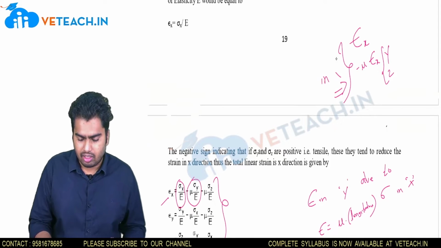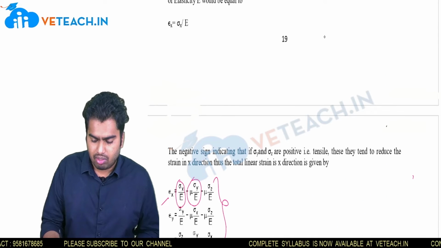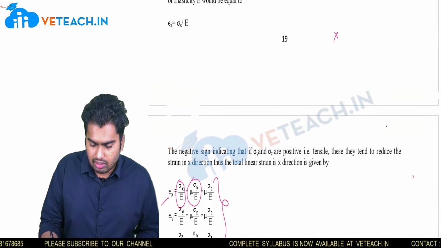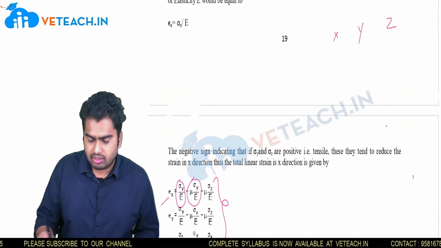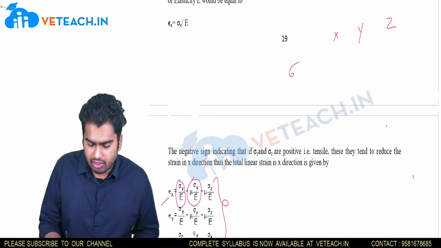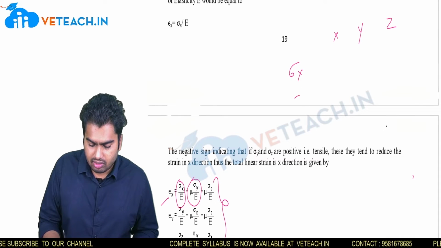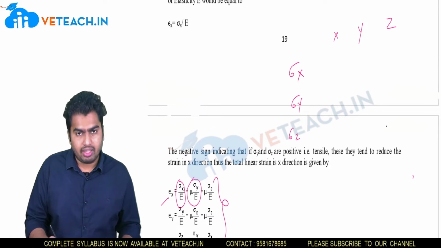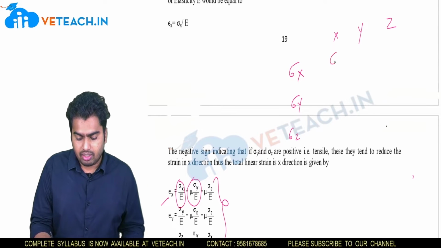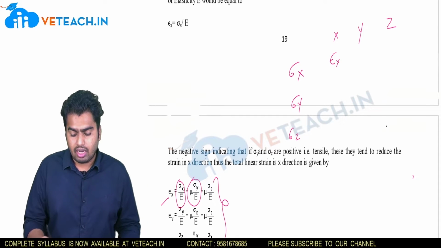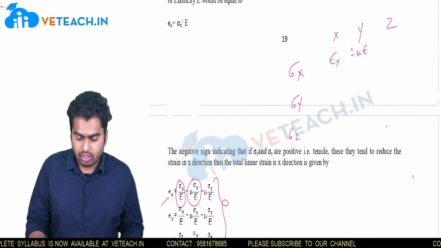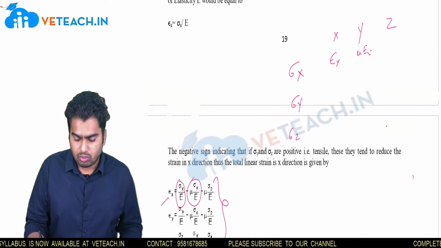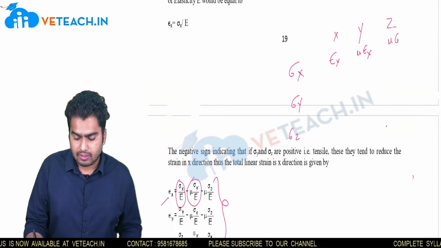Let us write this in tabular form. Let us take directions x, y, z, and I am applying stress in x direction, stress in y direction, and stress in z direction. Because of applying stress in x direction, I get strain in x direction as epsilon x, and I get strain in y and z directions as mu epsilon x and mu epsilon x.